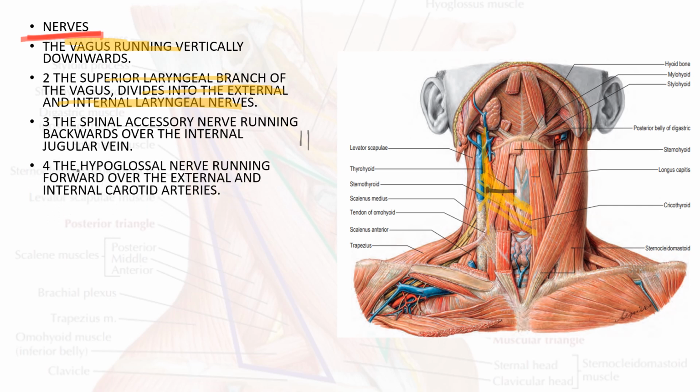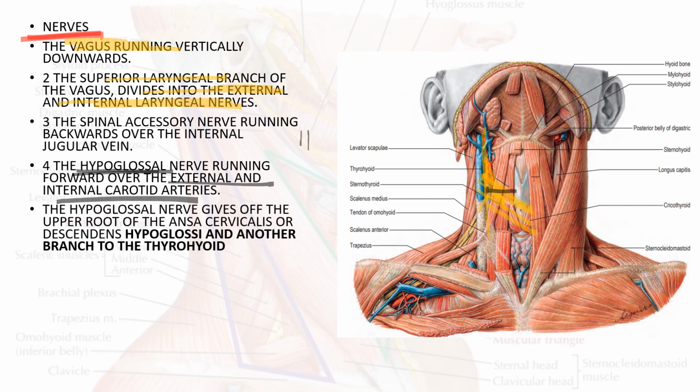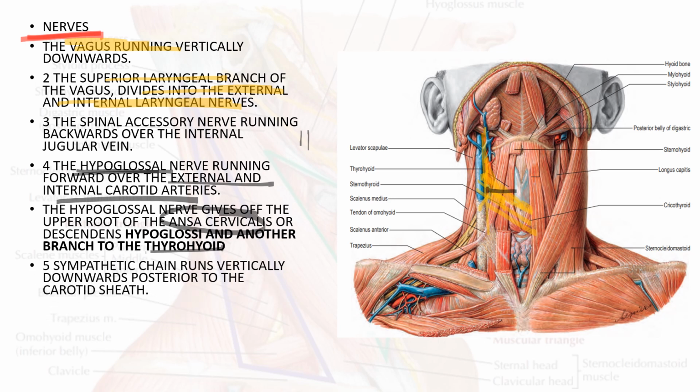Then we have the hypoglossal nerve, which is in relation to external and the internal carotid artery. We have here ansa cervicalis and some branches to the thyroid muscles. Sympathetic plexus is also present here. Carotid sheath वो भी हम बात करेंगे, उसी के ये contents हैं.